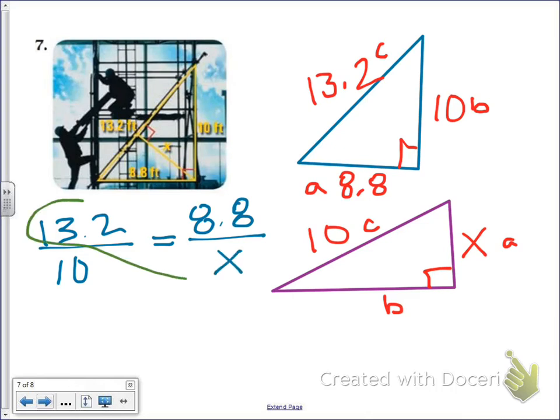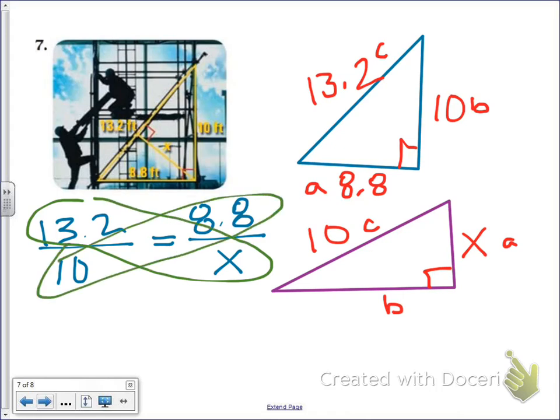We can do that by cross products here. And then we'll just plug it in and solve. So 10 times 8.8 is 88. And then 88 divided by 13.2 gives us 6.666, or x is equal to 6.7. So that would be A, or the missing height of that right triangle.